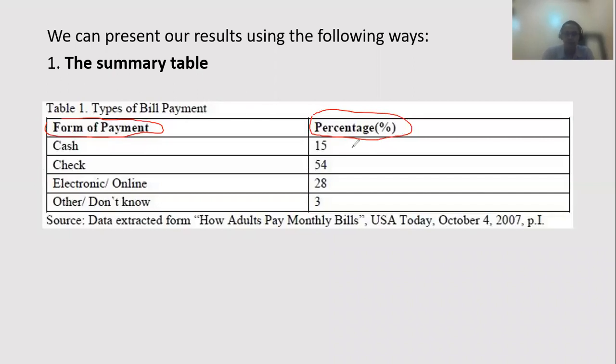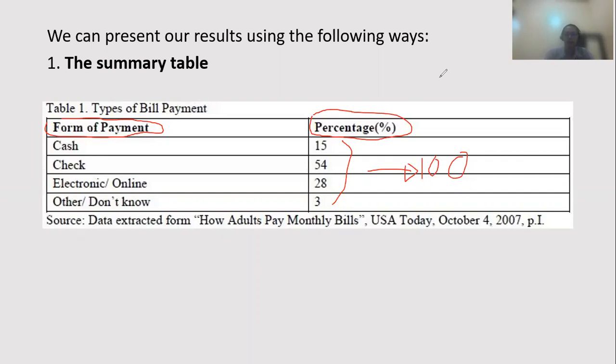The percentage is 15% through cash, 54% by check, 28% by electronic or online, and the rest is by some other kind of payment. So it's very easy, right? Obviously, when we talk about percentages, the total here should be 100%. So that's pretty straightforward. The summary table is quite easy.